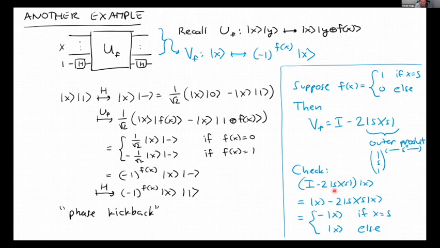If we apply this to ket X and apply linearity, we notice that this is now an inner product of S with X, so that if X is equal to S, then we get X minus 2X, and if it's not, then we just get X. So it is indeed another expression for VF.